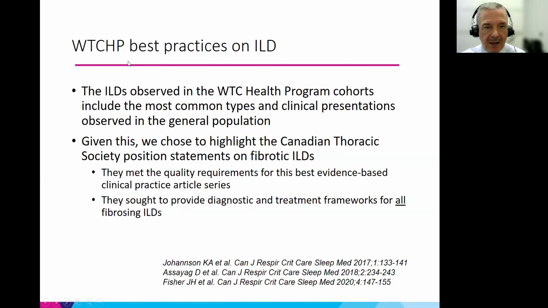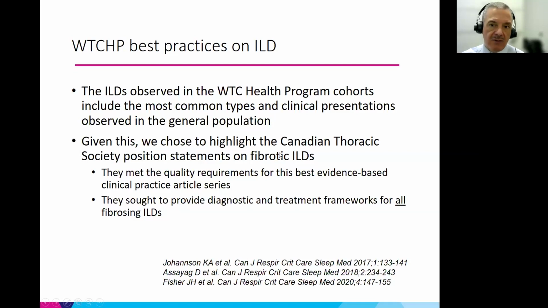Because of that situation, when NIOSH launched its initiative on best practices, we decided to identify a guideline that would be both recent and at the same time cover all of these fibrotic ILDs, because we are not just concerned with idiopathic pulmonary fibrosis.